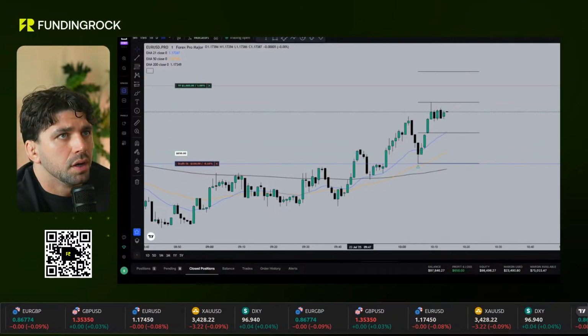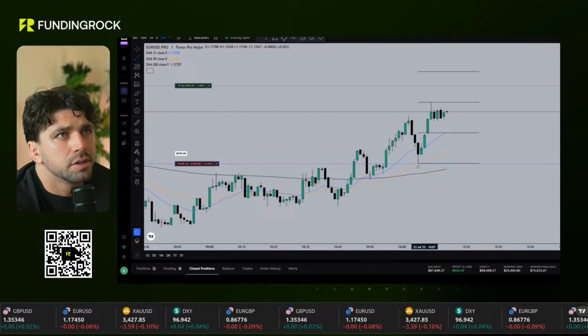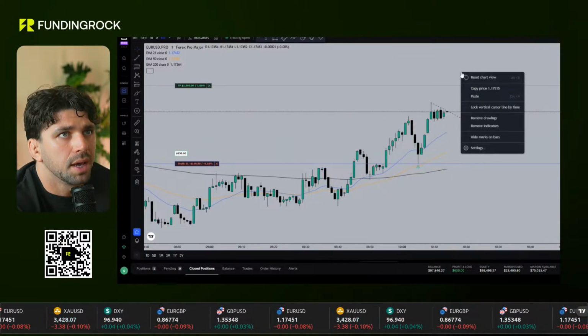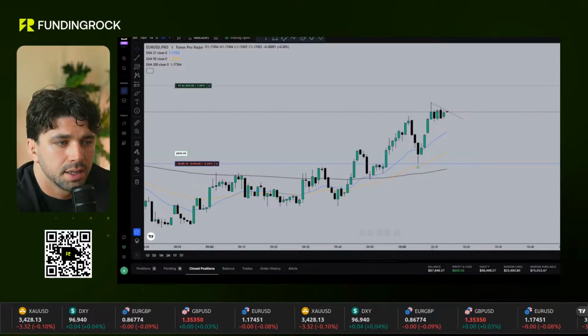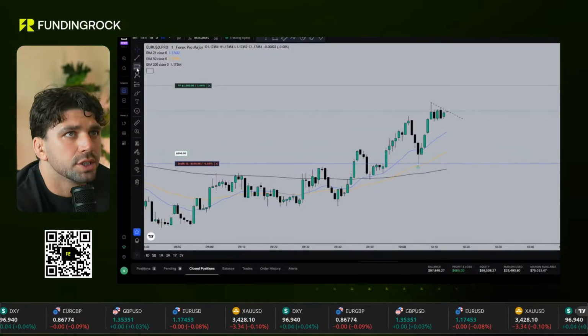So we're doing a little bit of a consolidation flag type of pattern, to get a little bit of a break, continuation, take me out, and then that's it. We're done for today, and then we'll come back for the New York session.